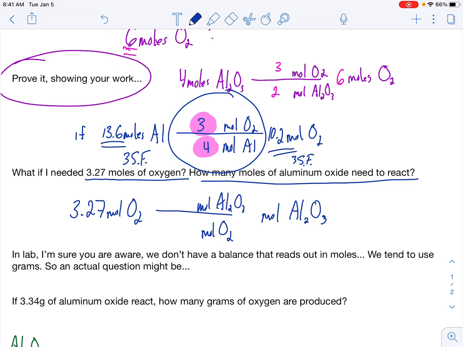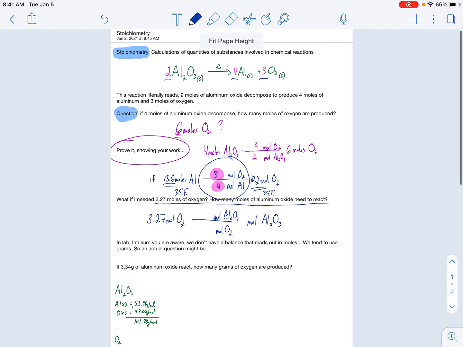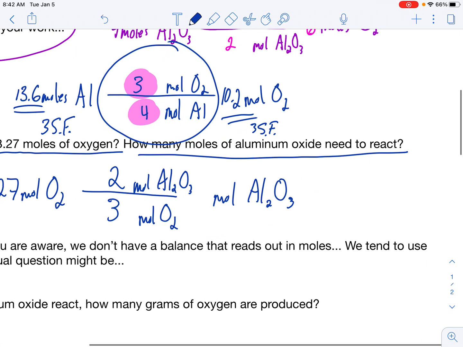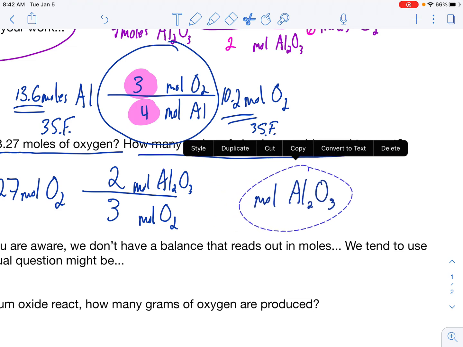Notice how I'm filling in my units before my values, and then I look to my problem up top here. Here's my aluminum oxide, that's a 2, and here's my oxygen, that's a 3. So, once again, I plug it into my calculator, 3.27 times 2 divided by 3. I get 2.18. Let's move this over a little bit.